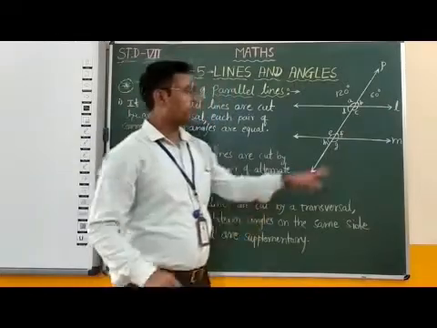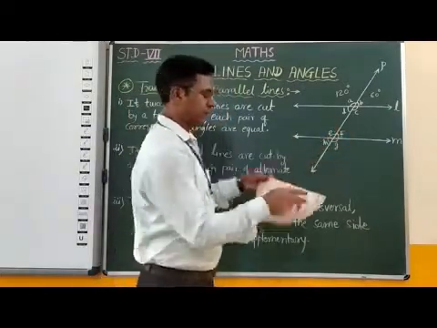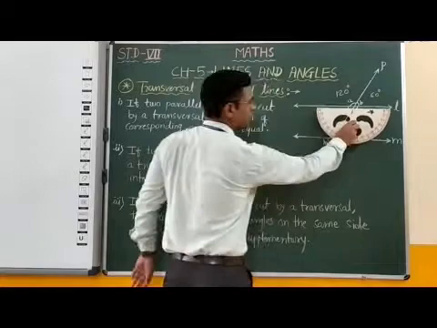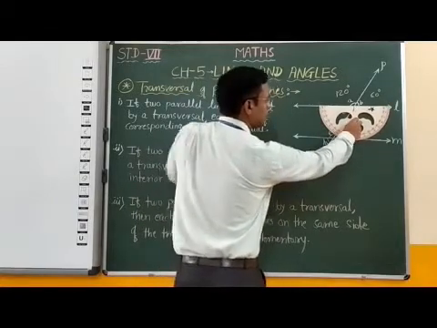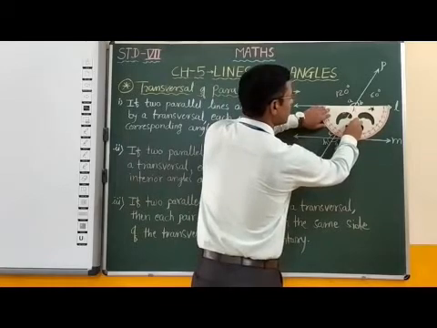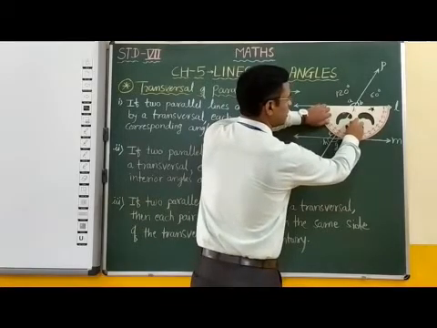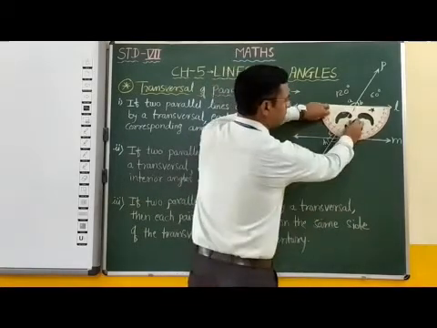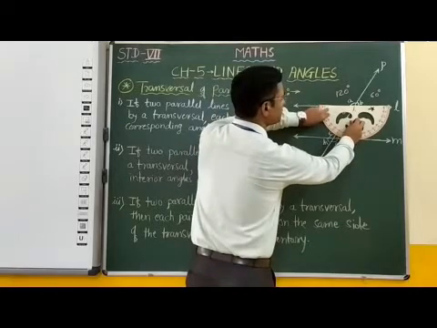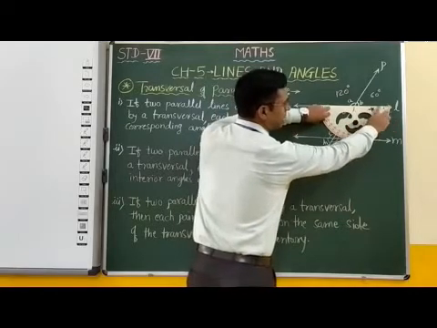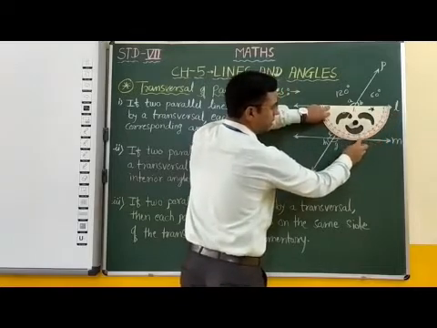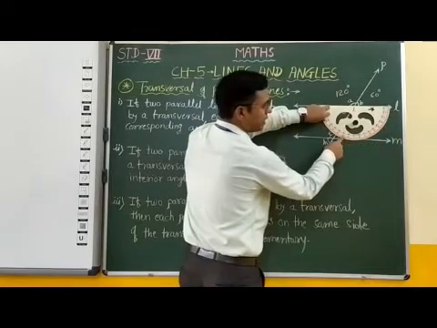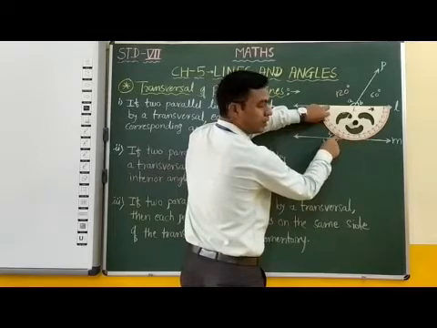Now, if you measure angle C and angle D, I put the protractor like this. If you measure angle C, that is from the outer scale, 10, 20, 30, 40, 50, 60, 70, 80, 90, 100, 110 and 120.